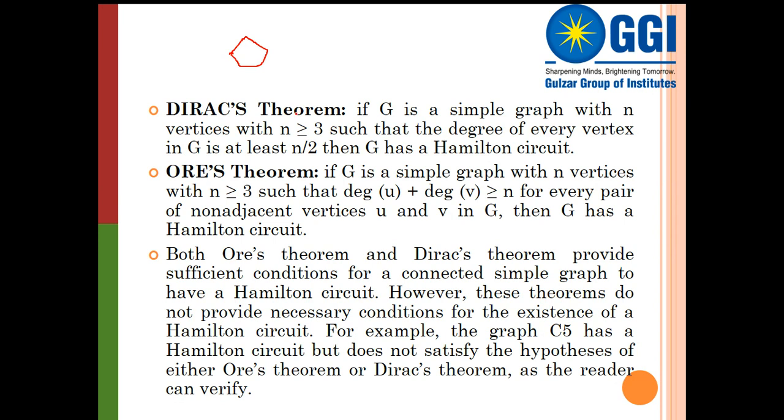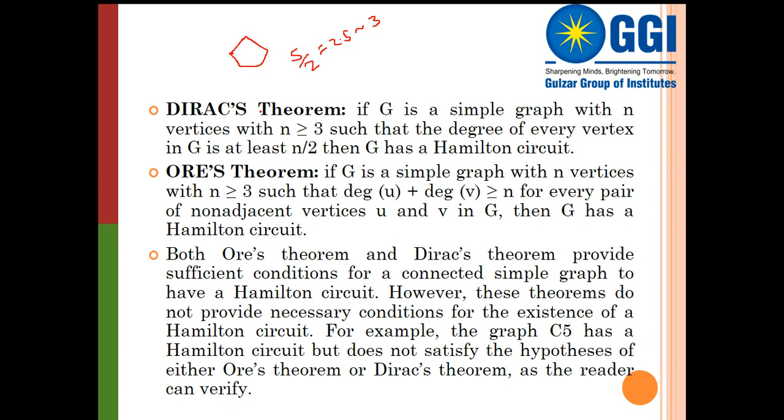But Dirac's theorem says the degree of every vertex should be at least n by 2. Here we have 5 vertices, so 5 by 2 comes to 2.5, which is approximately 3. But in this particular graph, every vertex has degree 2 only.